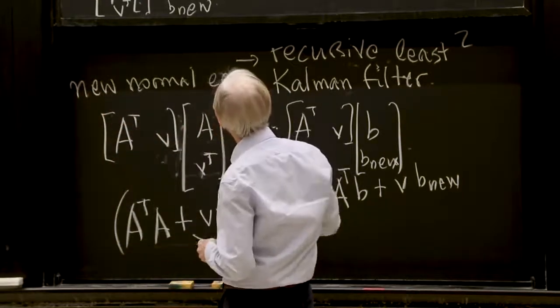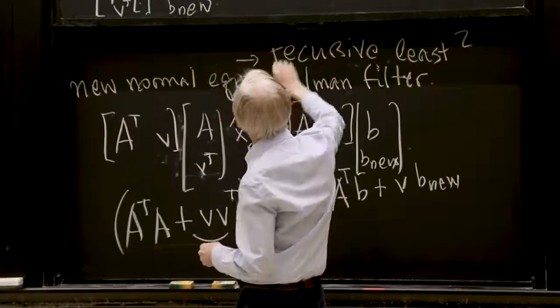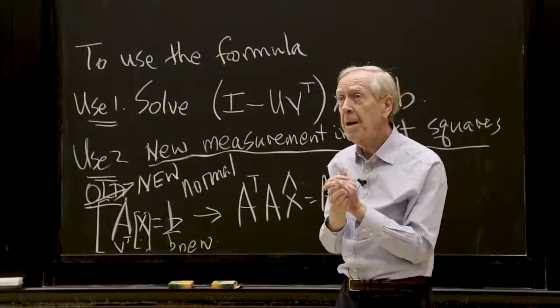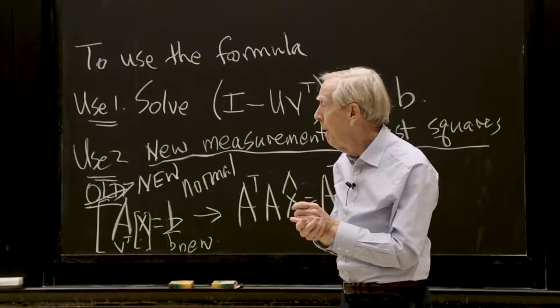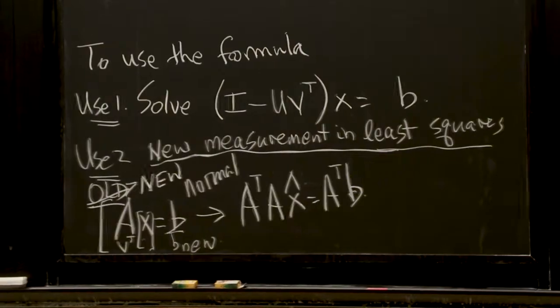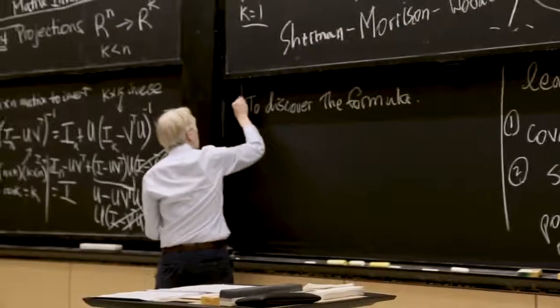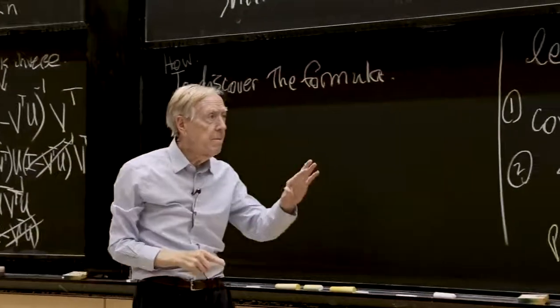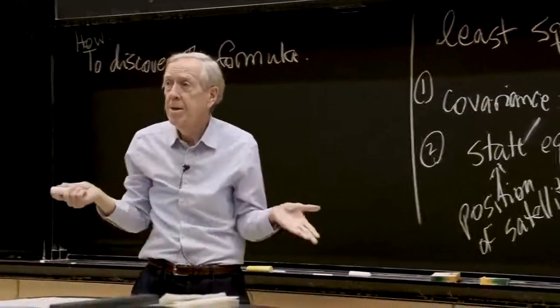Where is that? Yeah, up the top. I seem to be into the applications here. I promised how to discover the formula. Maybe I'll never know. Because I'm really more interested in what it's good for.